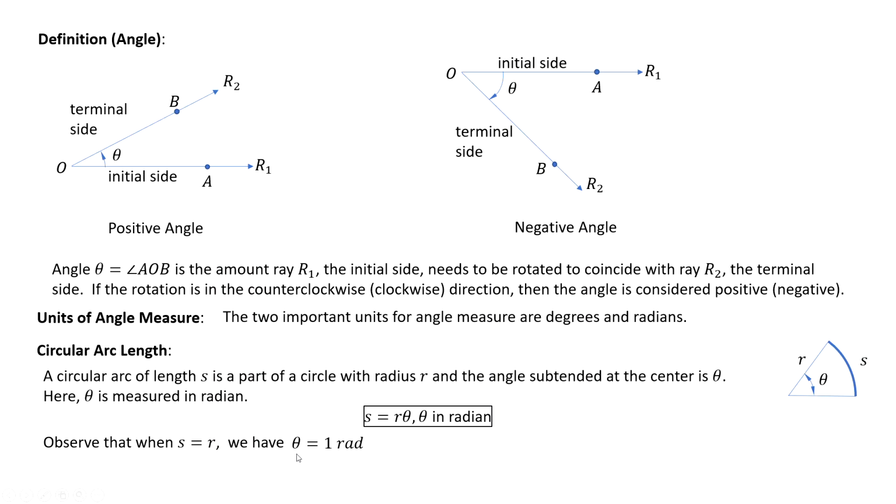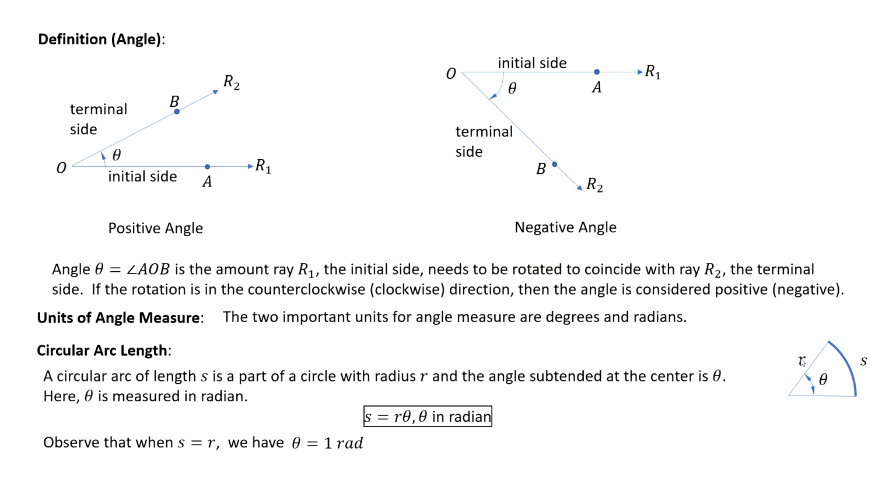So basically, an angle of 1 radian is nothing but, when the arc length is equal to the radius, whatever the angle subtended is, that is 1 radian. 1 radian is the angle subtended by an arc whose length is the same as the radius.